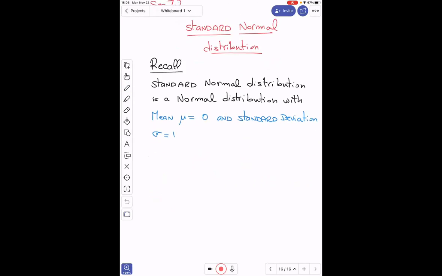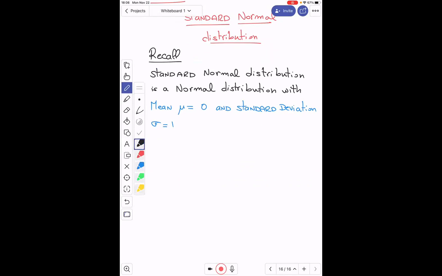What you really have to keep in mind is the following. You have the graph of the standard normal distribution. We're going to use the variable z for the standard normal distribution.